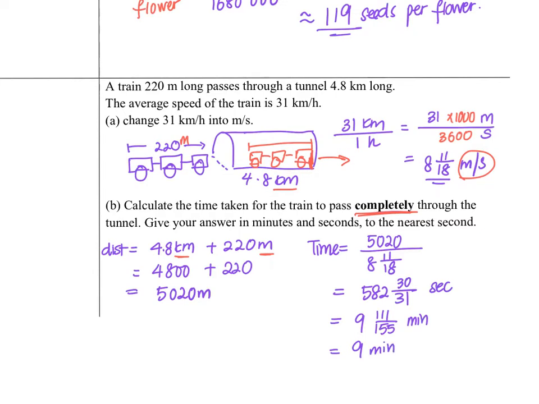And how do I get the remainder back to seconds again? So this now will become 111 over 155 times 60 seconds to give me approximately 42.9667. So rounding it off to the nearest second, we will have 43 seconds. Have you gotten the answer?